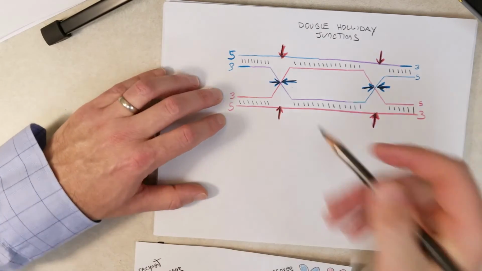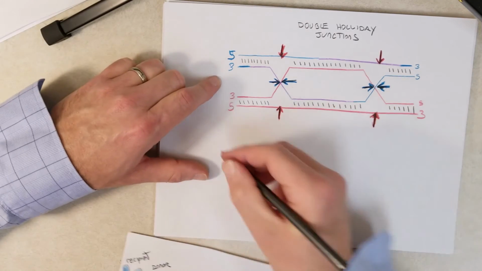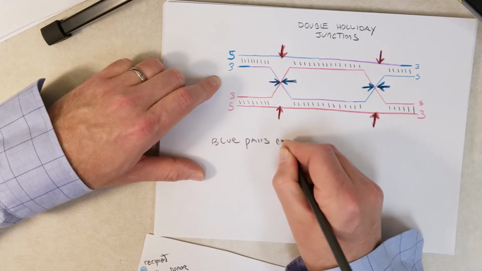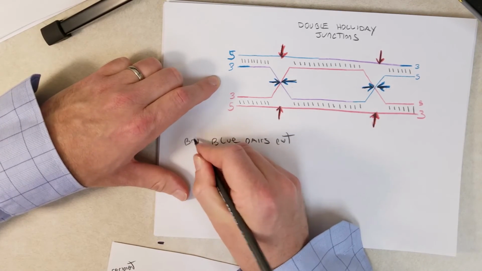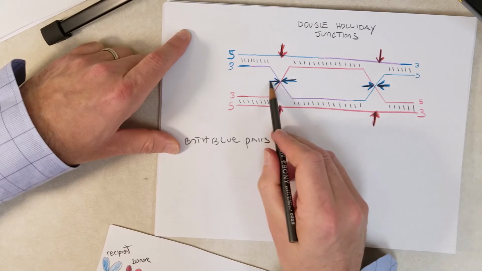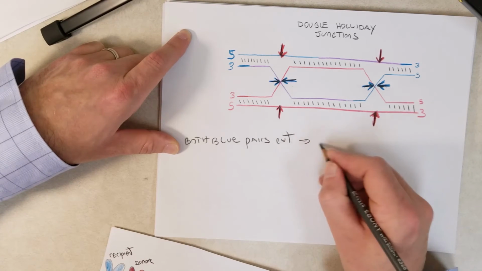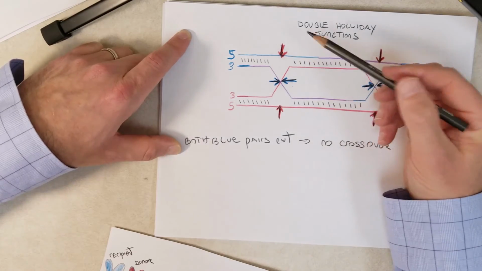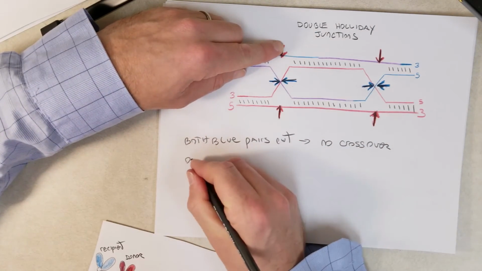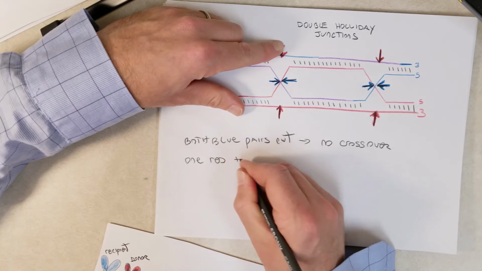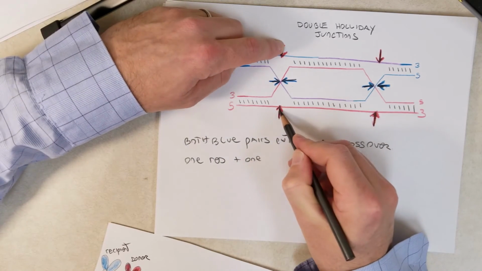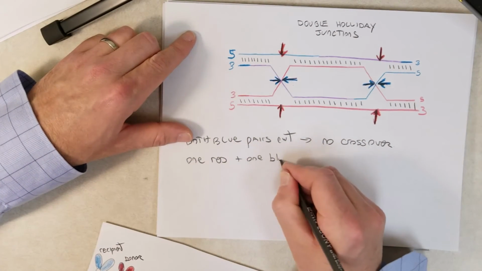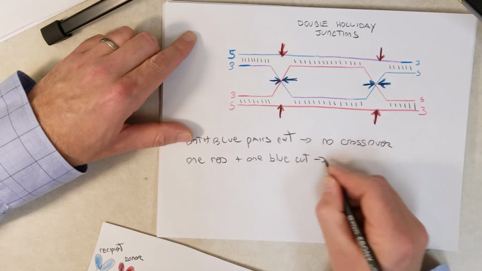So essentially, if both of the blue pairs are cut, cuts are made here and here, we get no crossover. If one red pair and one blue pair are cut, say this pair here, we get a crossover.